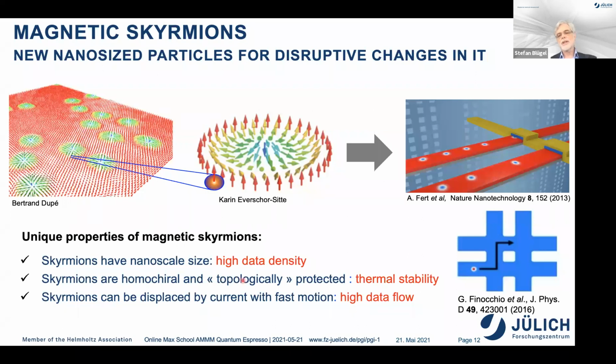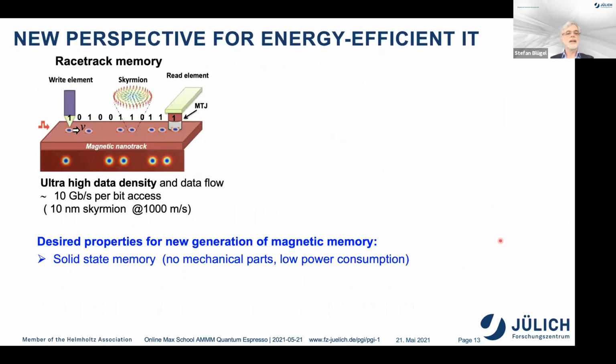They are topologically protected. They provide thermal stability, and they are very fast. This enables high data flows. And you can also use the two-dimensionality because you can not only go in one direction, but you may go in various directions. And so these properties give you an idea of a new generation of magnetic memory, which is the solid state memory.